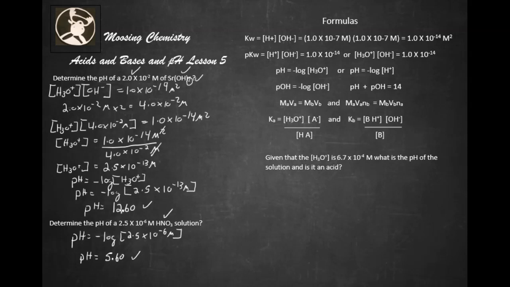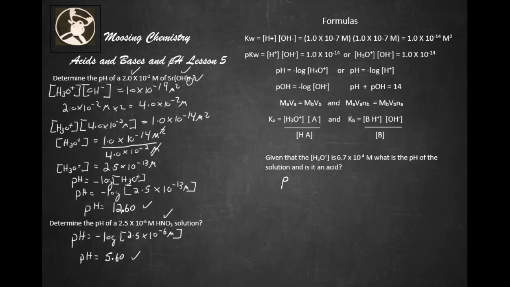All right, one more problem to do in this particular lesson. Given the H3O plus is 6.7 times 10 to the negative 4, what's the pH of the solution? Is it an acid? Okay, so we have some unknown solution and we want to know if it's an acid, right?